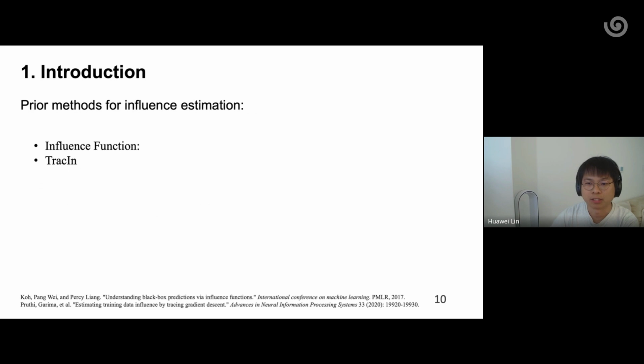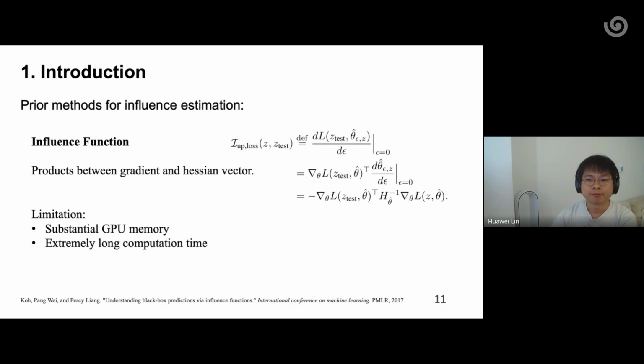Before introducing our method, I would like to discuss two popular methods for influence estimation: influence function and TracIn. They are both designed for general deep learning, especially for classification. So the influence function method estimates the effect of removing or upweighting a particular training sample on the model prediction.